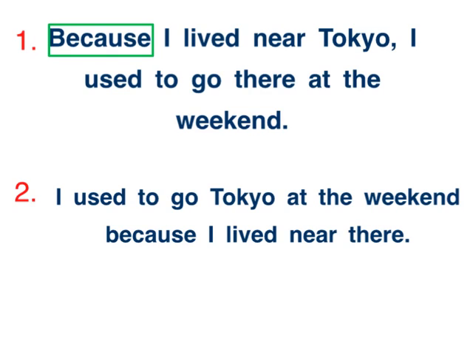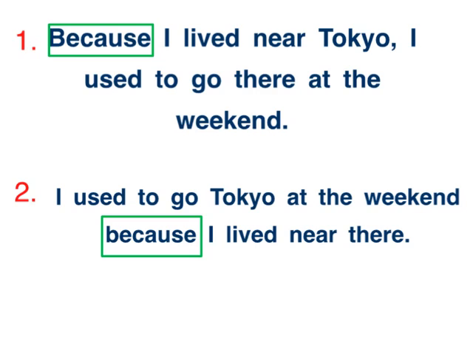So here is the second sentence. In this sentence, you can see that the pattern has changed quite a lot. So what's happened? First of all, you can see that because has moved from the first position to the middle position. And secondly, you can see that the comma has disappeared.